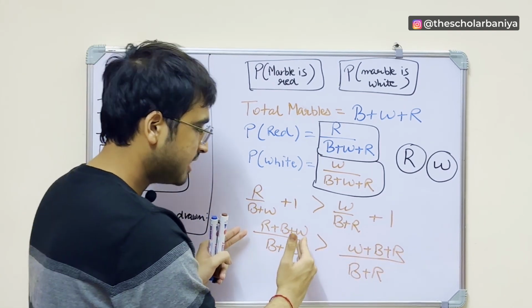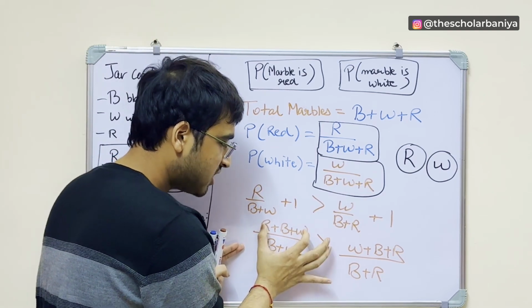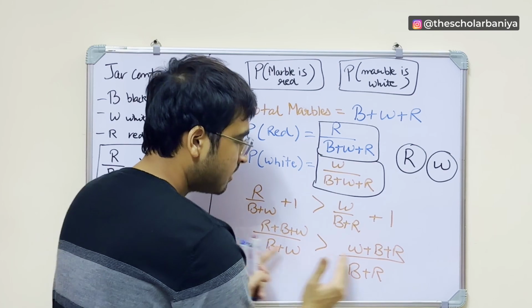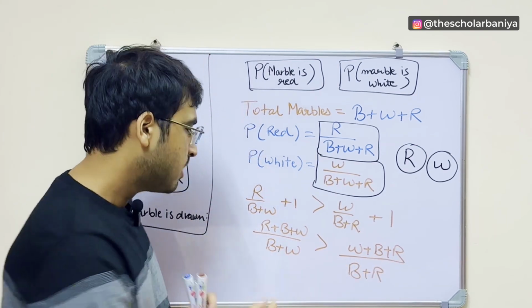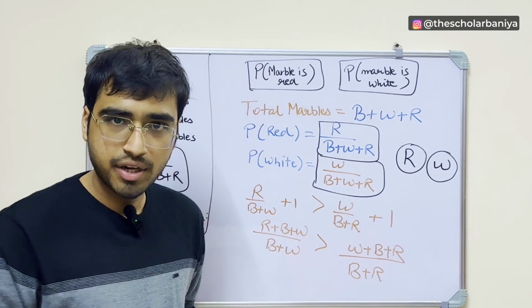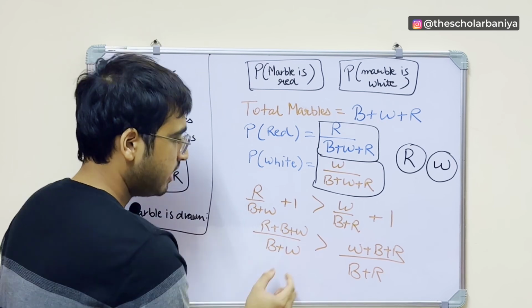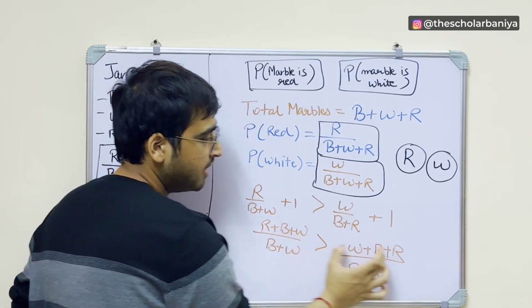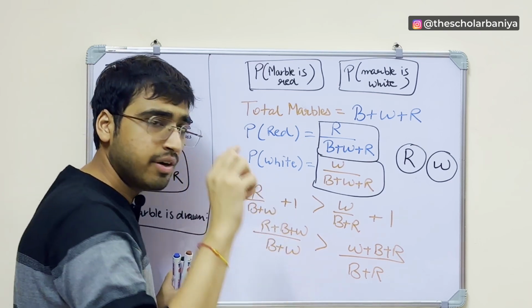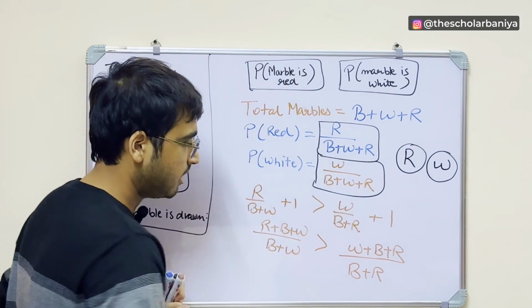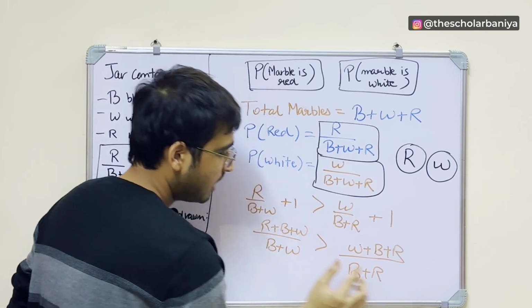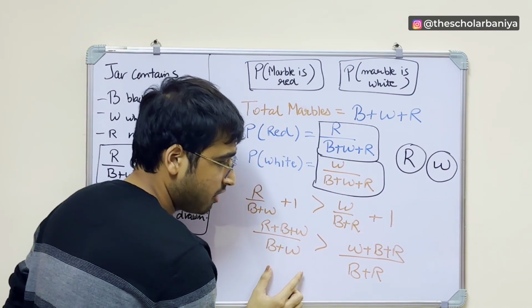And because this side is greater than this side, that means the denominator will be smaller over here, right? If the entire thing is bigger, and if the numerator is the same, then obviously the denominator will be smaller. In this case, the denominator will be greater, and in this case, the denominator will be smaller.